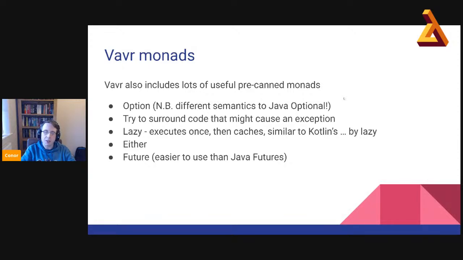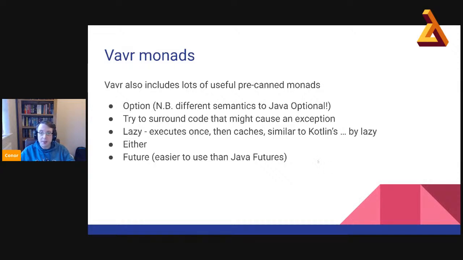In Java, you might write try and then catch the exception, and just throw an unchecked exception instead. But Vavr lets you do that in a nicer way. In the Try monad, you give it a Runnable or a Callable function. It'll run that, and then it'll either let you get out the result of the thing you called, or else it'll let you get the exception out, and then you can handle it however you like.